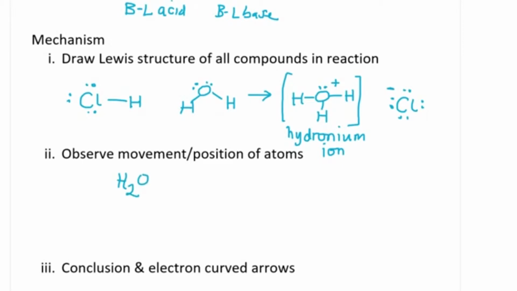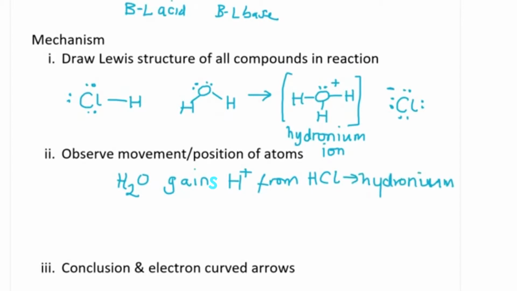H2O gains a hydrogen atom, or I will say a proton, from HCl to form a hydronium. Another observation you can make here is that the chlorine loses a proton, and this leads to the formation of a chloride with a negative charge on it.